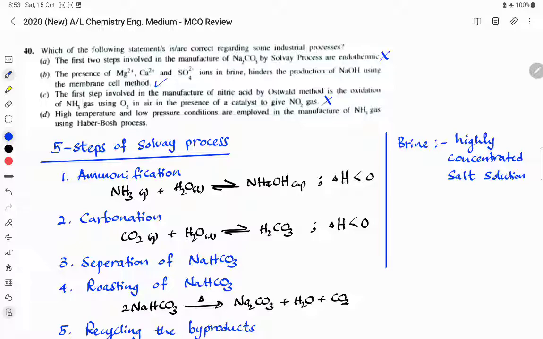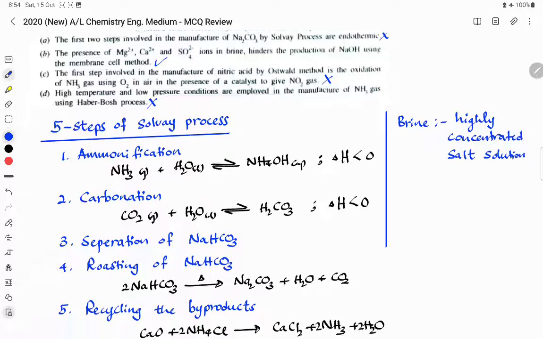The statement D. High temperature and low pressure conditions are employed in the manufacture of ammonia gas using Haber-Bosch process. That is also incorrect. It is not high temperature and low pressure, it's high temperature and high pressure. The temperature is kind of an optimum value. It's a moderate temperature, let's say, but 450 degrees is kind of a high temperature. It's definitely not a low pressure. It's a very high pressure.